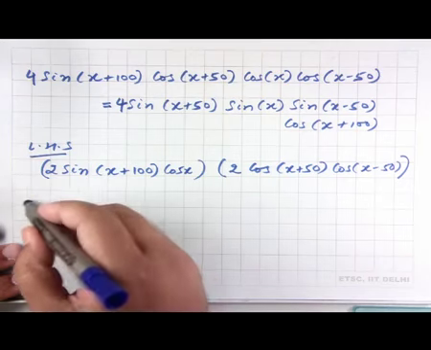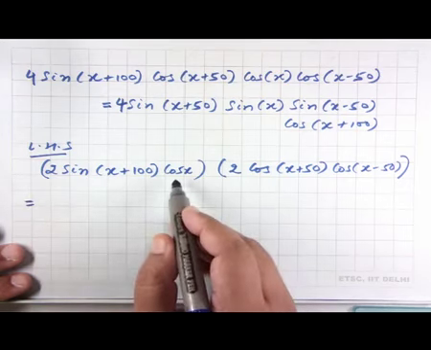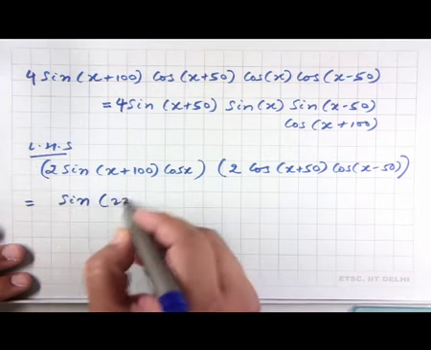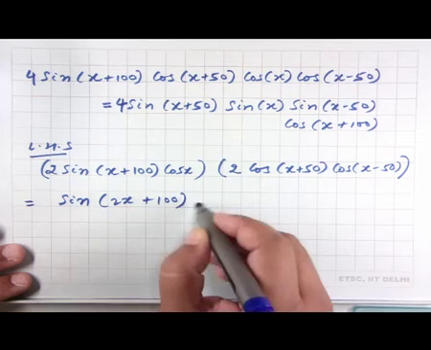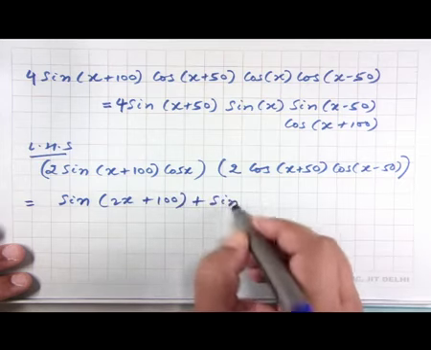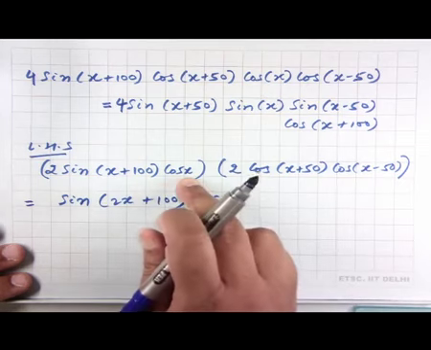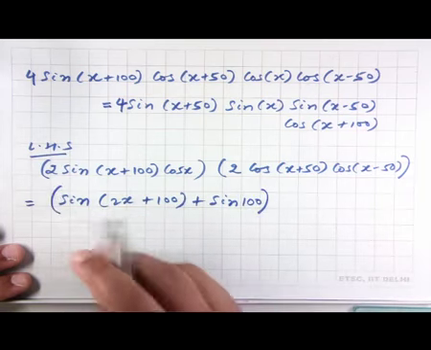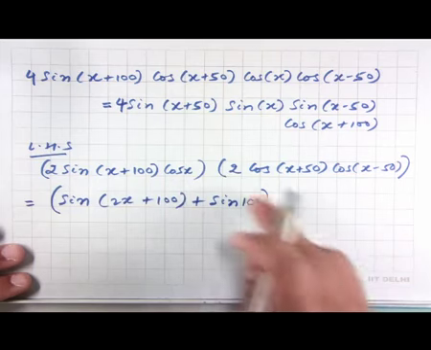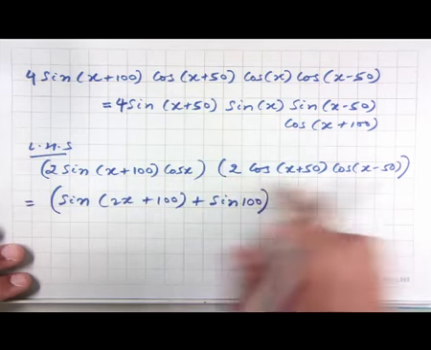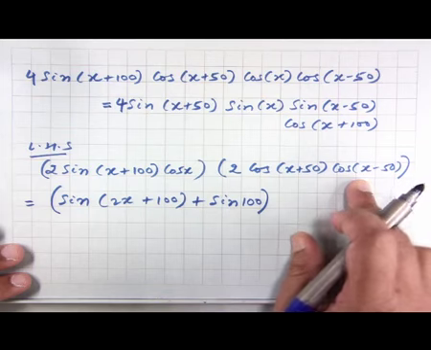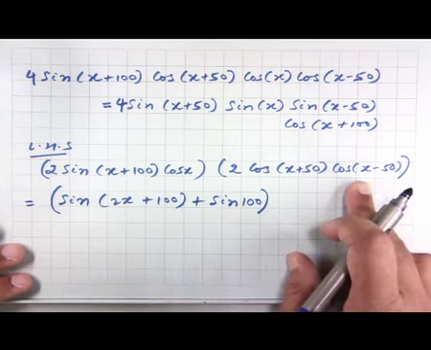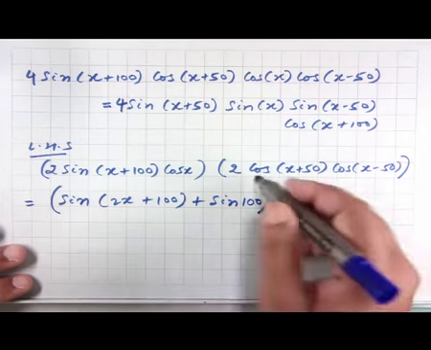Now we know that 2 sin A cos B is sin of A plus B plus sin of A minus B, which is 100 degrees. So this is the first term on the left hand side, and then here we see the pattern for 2 cos A cos B, and we know that 2 cos A cos B is cos A plus B plus cos A minus B.